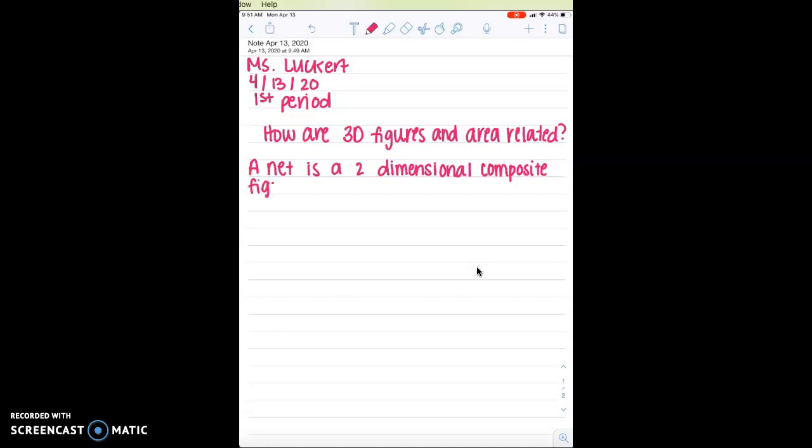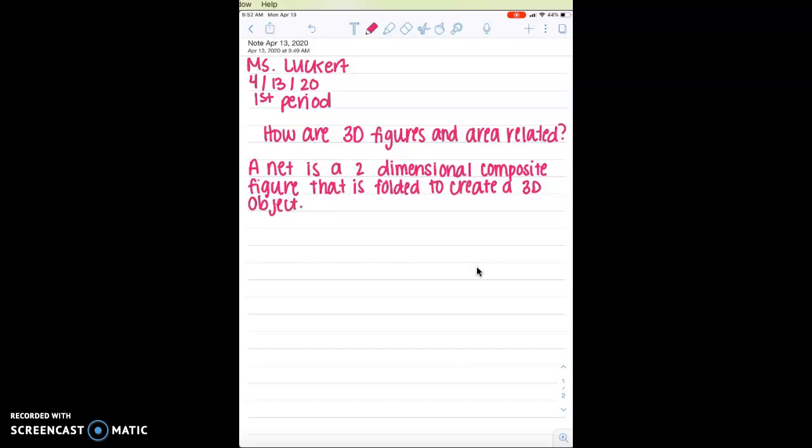So if you remember from when we did scale factor, composite shapes are kind of when you have a bunch of smaller shapes, they come together to make a larger shape. And these can be folded to create the 3D shape, or object.